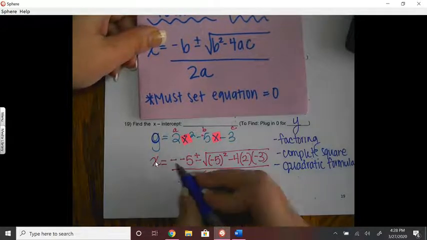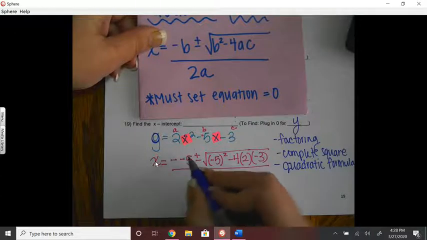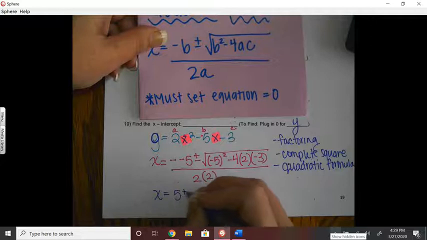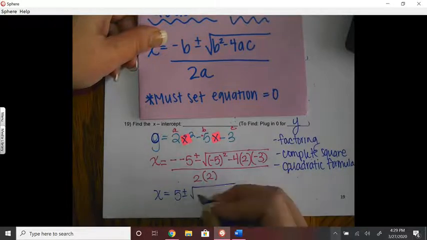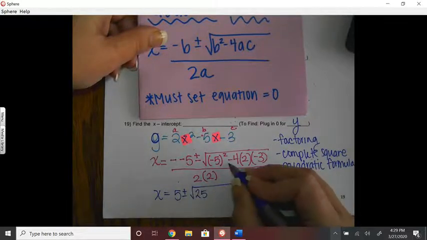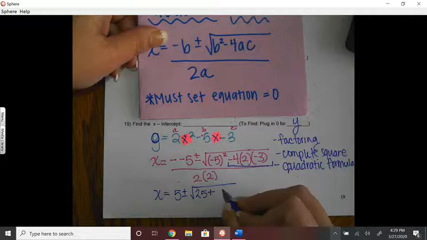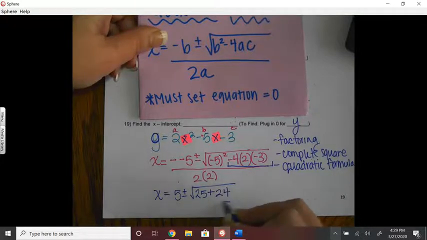Now the opposite of negative 5 is positive 5. And then negative 5 squared is 25. And then negative 4 times 2 times negative 3, a negative times a negative times a negative is a negative, so minus a negative, which is positive, and we would get 24 here.